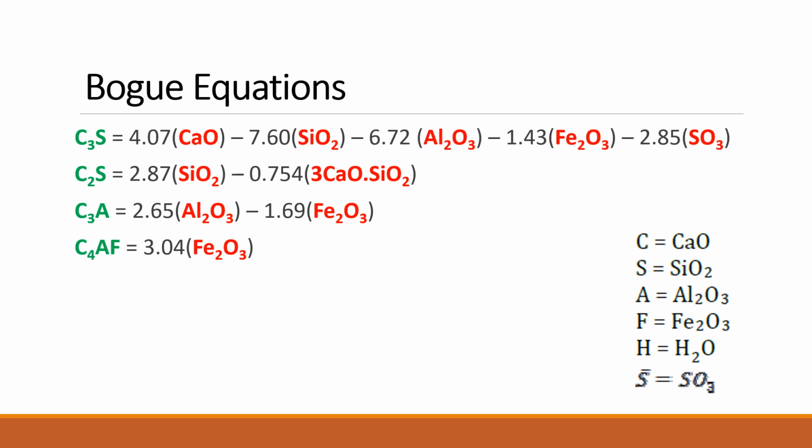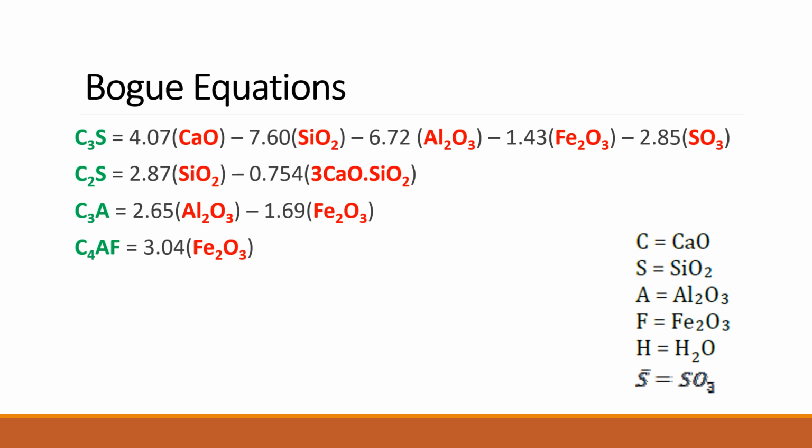So if we want to select the right cement for a given application, we should know how to find these 4 percentages. When we have the cement, we can send the cement to the lab and we can find out the percentages of these oxides in a cement. If you know the percentages of oxides, we can find how much of C3S, how much of C2S, how much of these 4 we have.